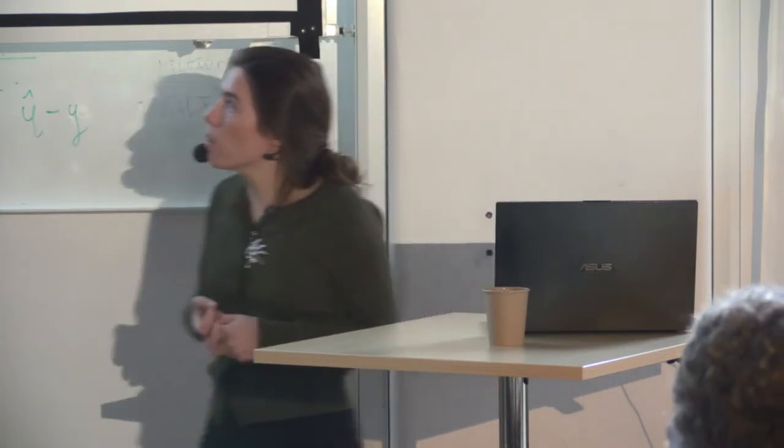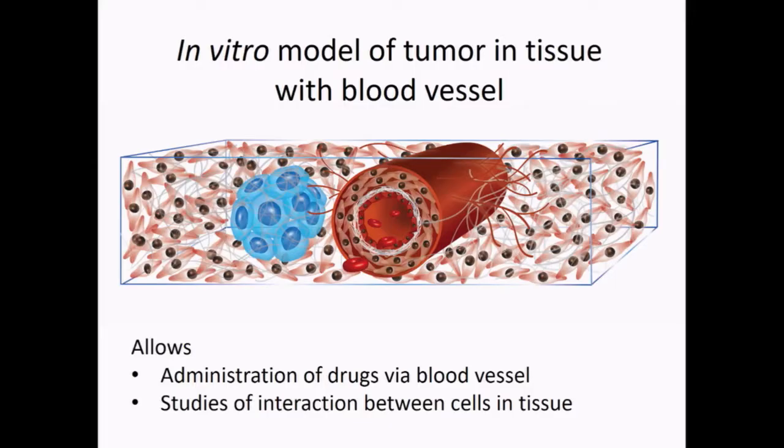We also want to make more advanced cancer models, because for studies of how new cancer treatments could work, it would be good to have better cancer models to be able to follow what is happening.